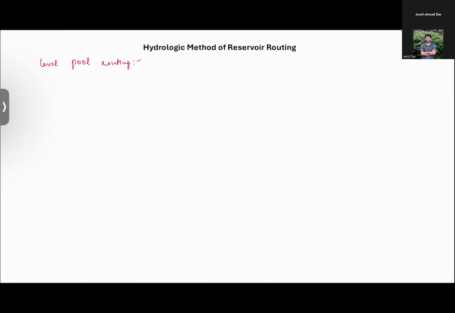So what we know is that the storage in this case is a function of the depth of the reservoir. And similarly, the discharge is also a function of the depth of the reservoir. So if storage is a function of H and discharge is a function of H, then we can write that storage is a function of discharge.